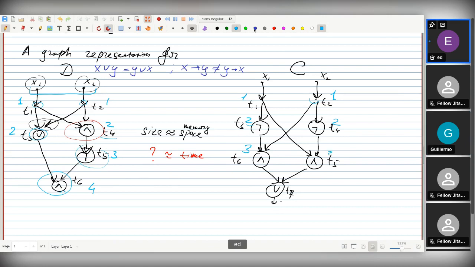Here 3, and here 4. In terms of graphs, this number is just the length of the longest path from an input to this node. Is this idea clear?